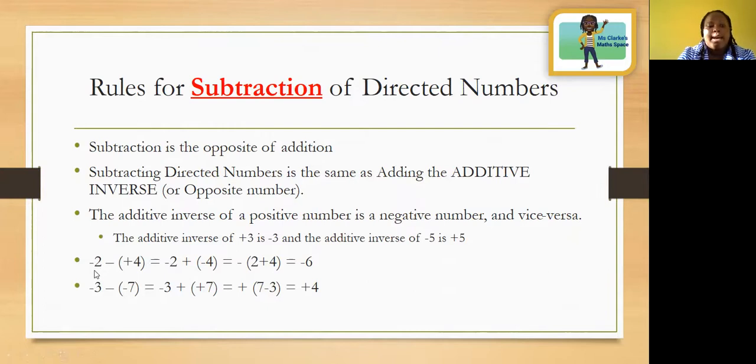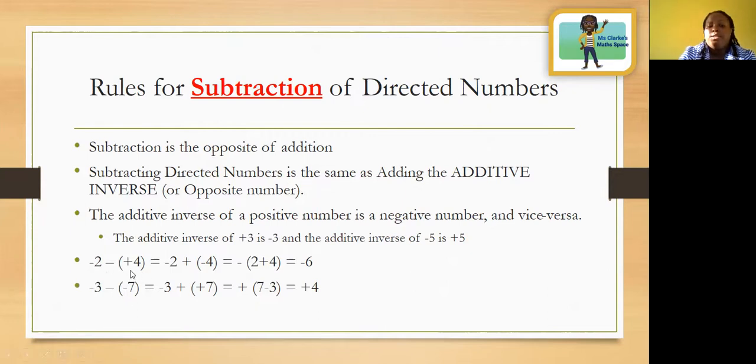So the first example, we have negative 2 take away positive 4. As we were saying, what we now need to do is to convert the subtraction into a plus sign and add the additive inverse. So in brackets here we have plus 4.